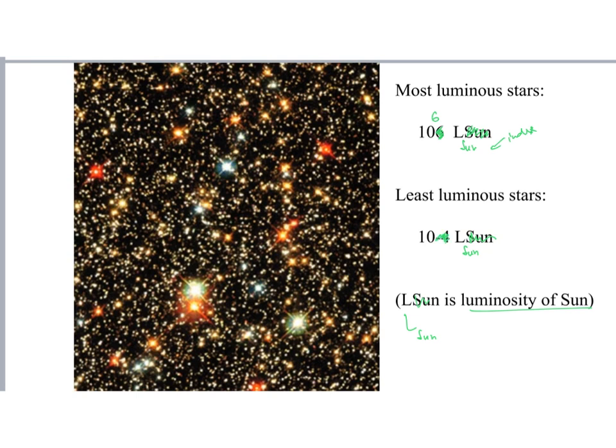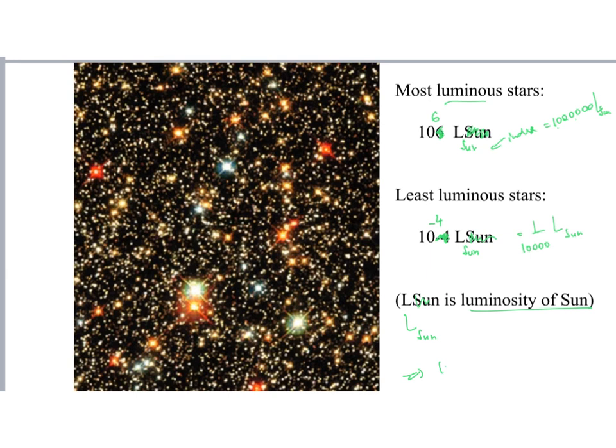The least luminous stars are basically 1/10,000 times the luminosity of the sun, and the most luminous stars are about 1,000,000 times more luminous than the sun.